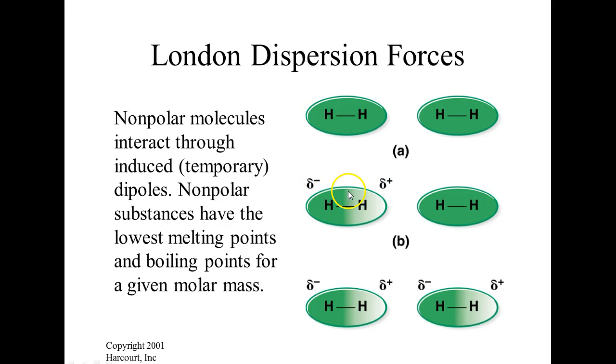Okay, so when that happens, then this guy becomes a little magnet, and it forces this guy to also do the same thing. So then this side becomes slightly negative, and this becomes slightly positive. So this just happens randomly, and once it happens, it makes other molecules around it do the same thing. Okay, so that's called London dispersion forces, and they're temporary.